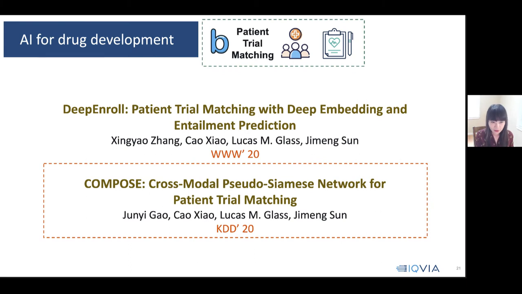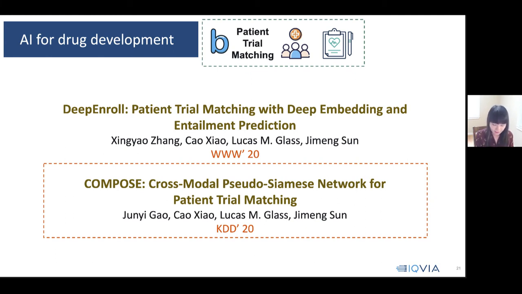We published two papers in 2020. Our first generation of patient trial matching model was published in WWW 2020, and the model that is currently in use is the second generation model called COMPOSE, which was published in KDD last year.